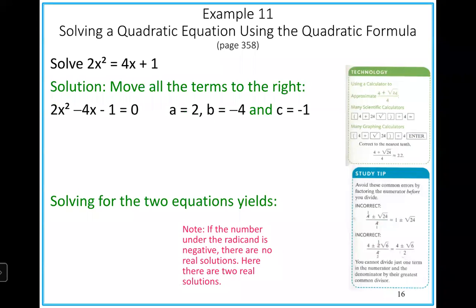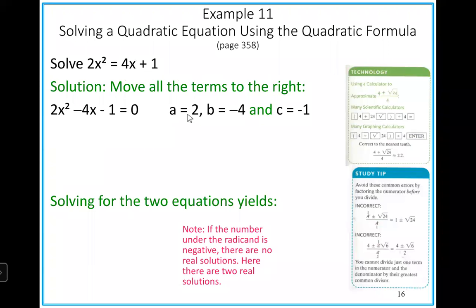We put the 4x and the 1 on the left-hand side. When you move the 4x over the equal sign, the sign changes, because you actually have to subtract 4x from both sides. The same thing with the 1: the opposite of add is to subtract from both sides. So you end up with 2x squared minus 4x minus 1 equals 0.